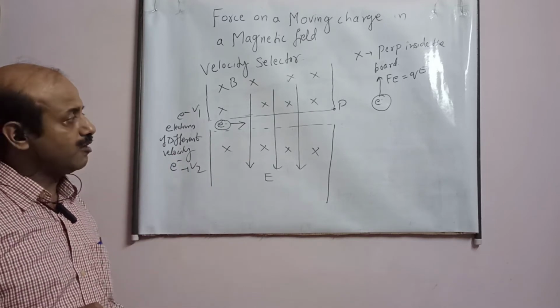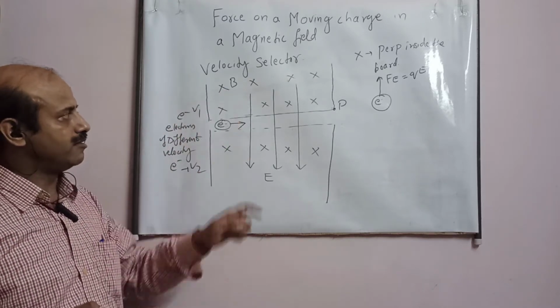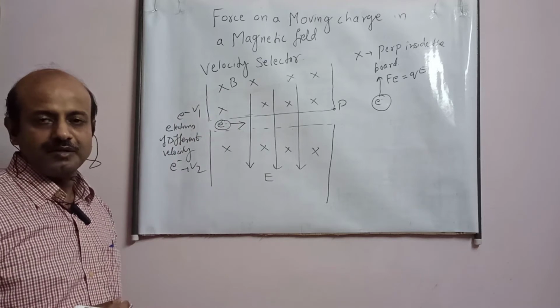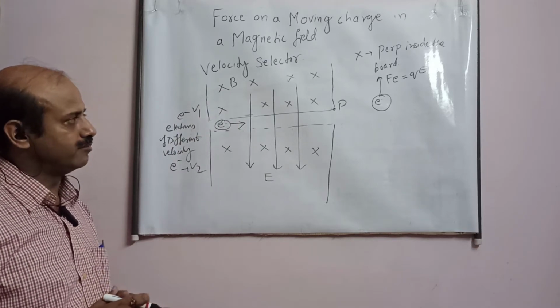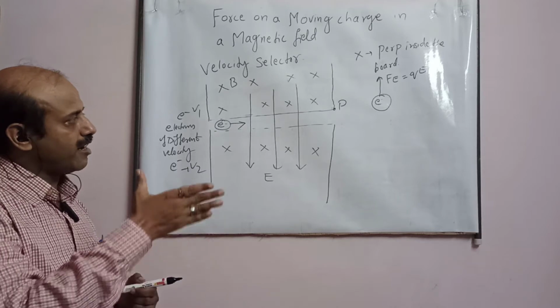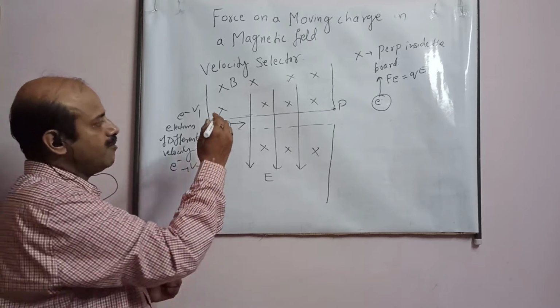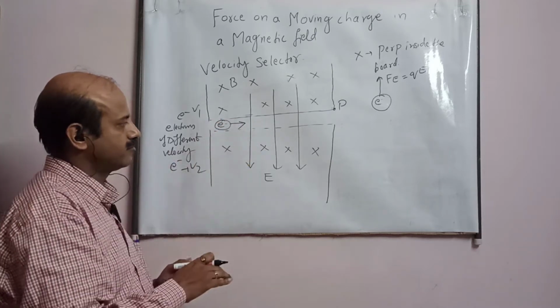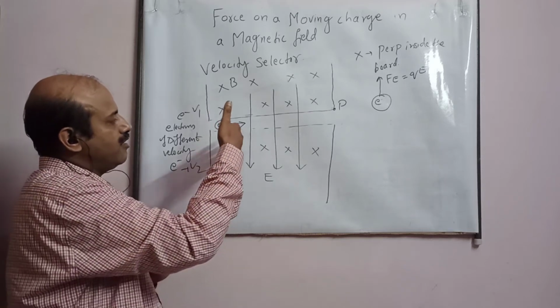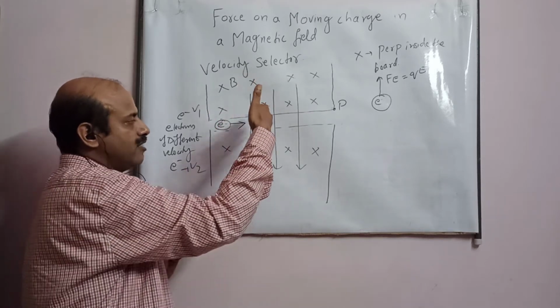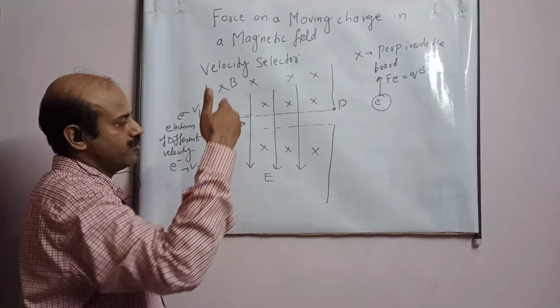Now student, there is also a magnetic field. From the right hand rule, if you see, the electron is traveling in this direction and the magnetic field is inside, student.